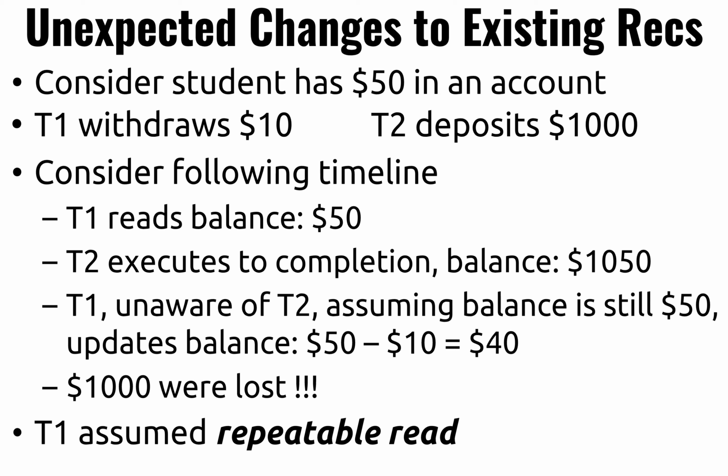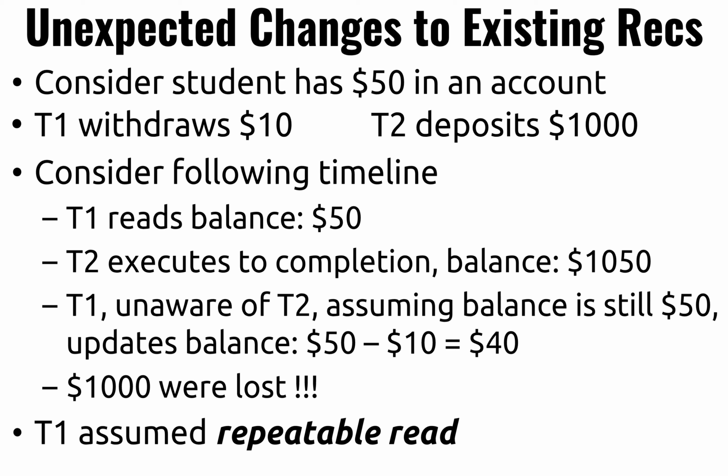If it's that single thread, it makes sense. The algorithm makes sense. But what if you have multiple threads running where one of them reads 50, and it's calculating how much it's going to deduct, but at the same time somebody's making a transaction where they're depositing $1,000 into your account, and it starts and it successfully completes, and now in your account there's $1,050, not $50, $1,050. And it completes successfully.